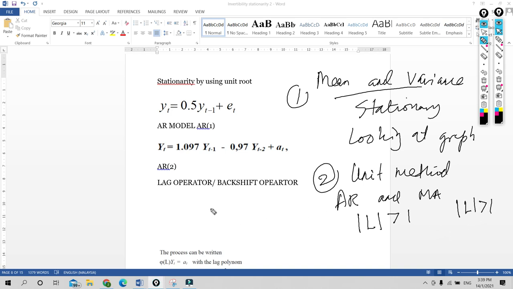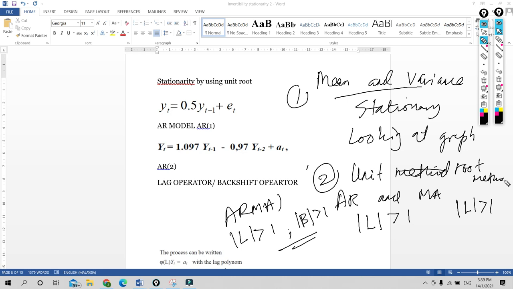If we have an ARMA model, the absolute value of A must be greater than 1 and the absolute value of B must be greater than 1. Then it confirms a stationary time series.